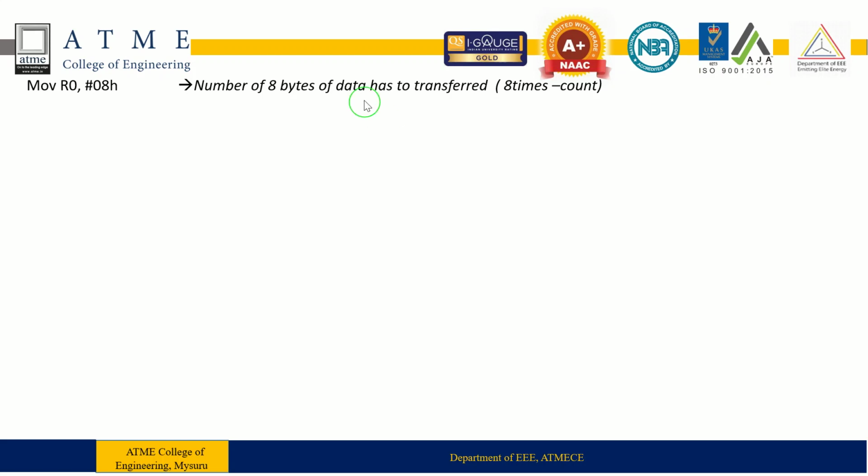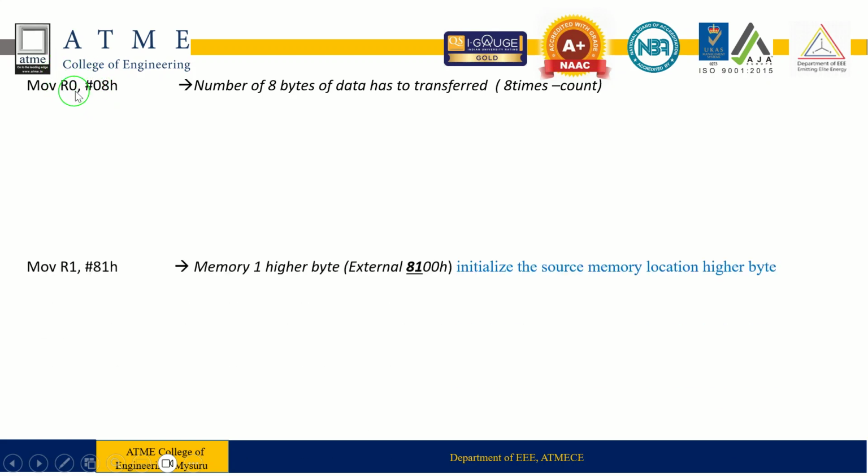We require 8 bytes of data to be transferred, which means 8 counts, or 8 times the data has to be transferred from one memory location to another. Let us initialize the number 8 directly, using the immediate addressing mode, to the register R0.